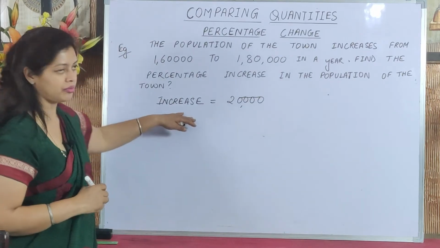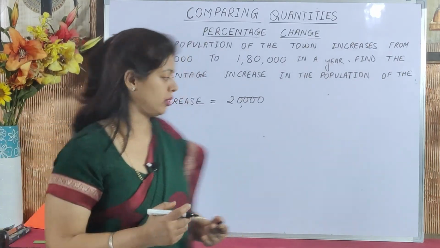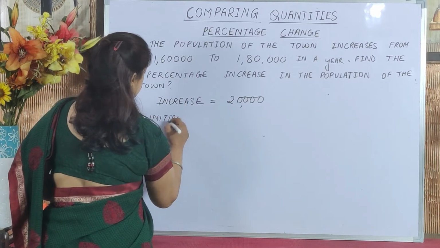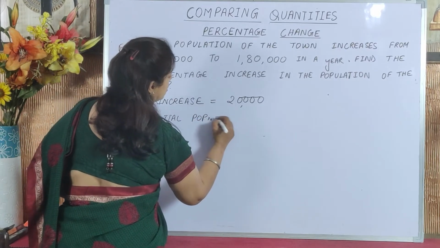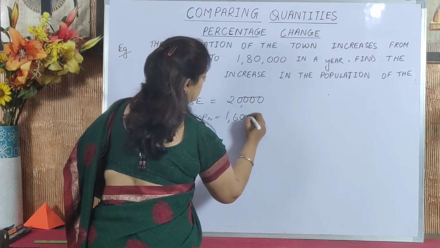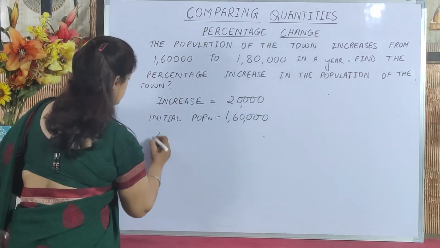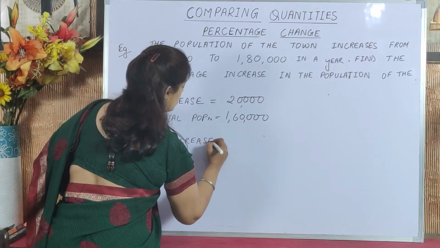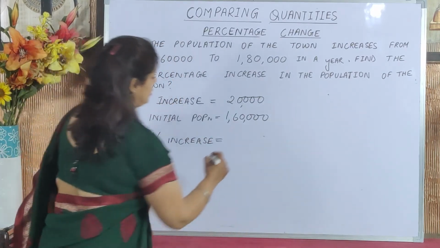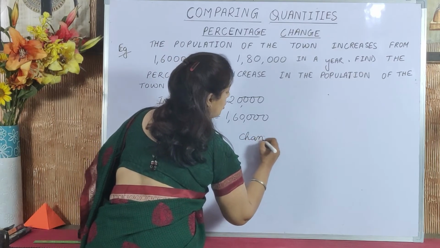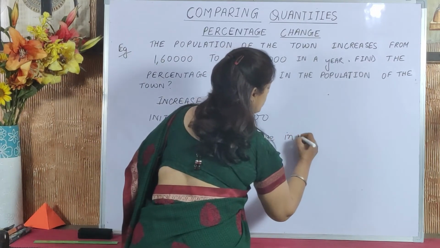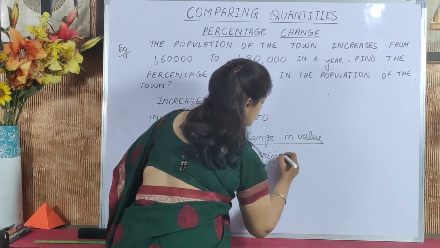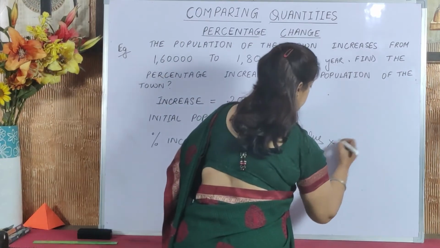And the percentage increase we always calculate on the original amount. So what is the initial population of the town? The initial population is 1,60,000. And what is the percentage increase? It's always on the original value. That is change in value, or the increase you can say, upon original value, multiplied by 100. You have to understand this and not learn the formulas by heart.